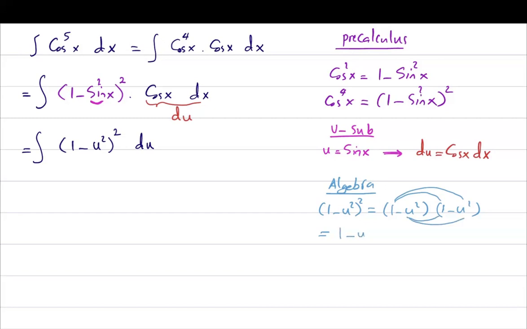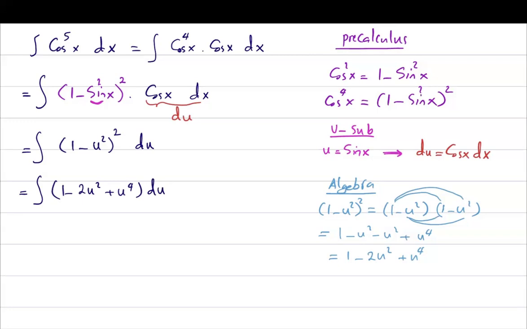You get 1 minus 2u squared plus u to the 4th. So your integral is now the integral of 1 minus 2u squared plus u to the 4th du.